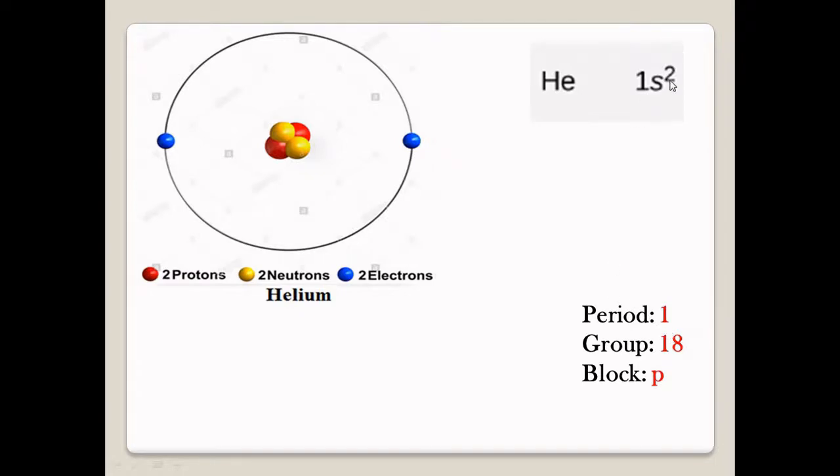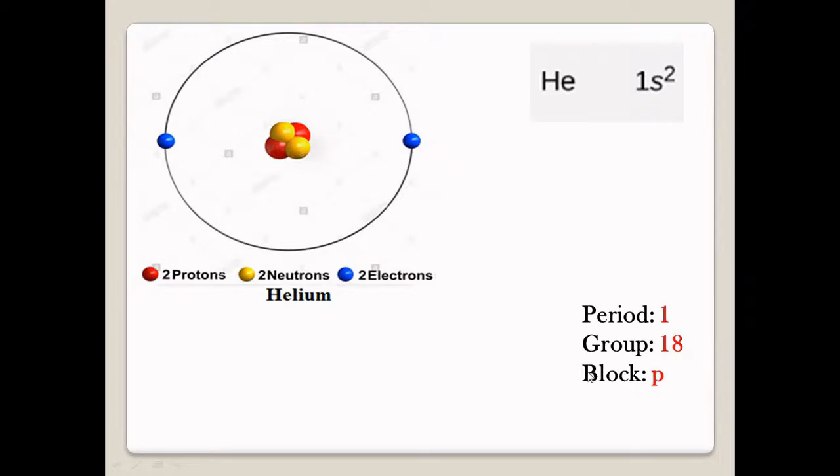This 2, that is s2, indicates the first shell is completely filled, so it is a group 18 element. It is placed in the p block, because although there is no p orbital, it completes its duplet, so it is an inert gas element, group 18 and block number p.